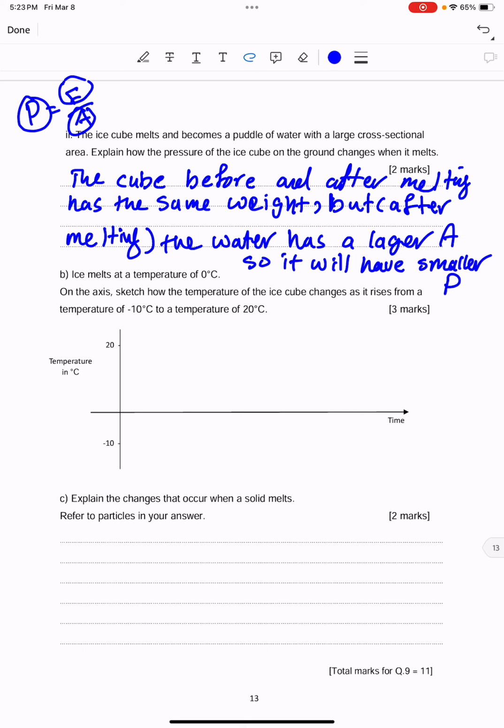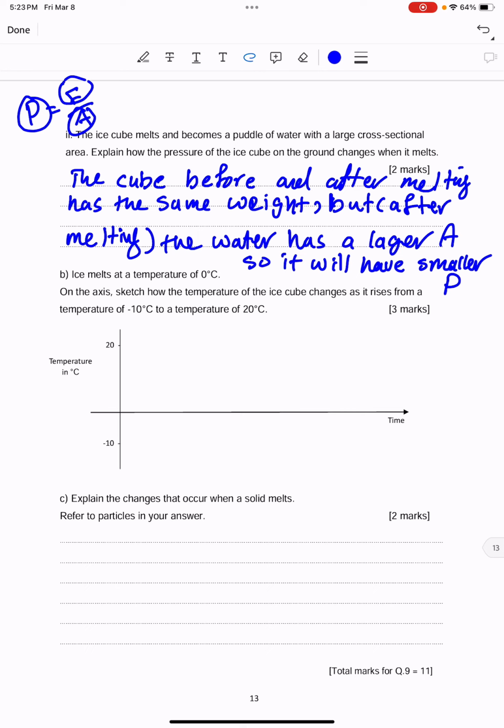So I just wrote it that way. You can write it however you want. Just make sure that you mention 2 points. Number one is that the weight or the mass of the cube before and after melting, when it's ice and when it's water, is the same. Nothing has changed with its mass. We didn't touch the particles.